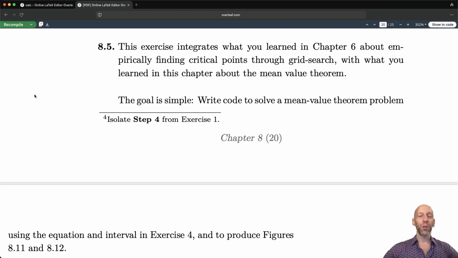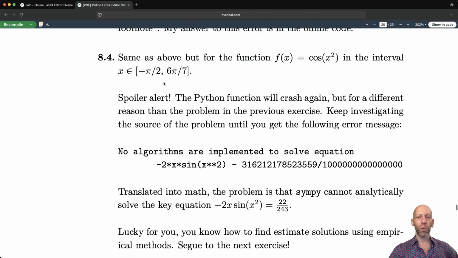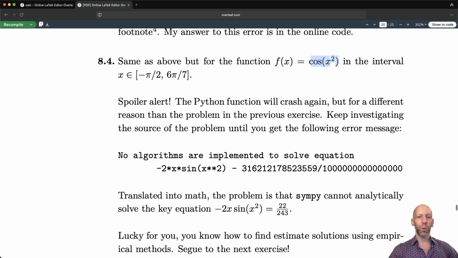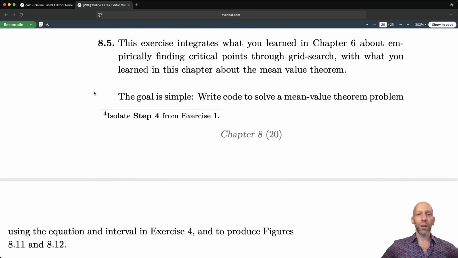So what we are going to do in exercise 5 is basically solve the same equation, so solve the same mean value theorem problem for cos of x squared in this interval. But now, instead of trying to get an exact solution in SymPy, we are going to get a numerical approximation using the grid search algorithm that you learned about in Chapter 6.